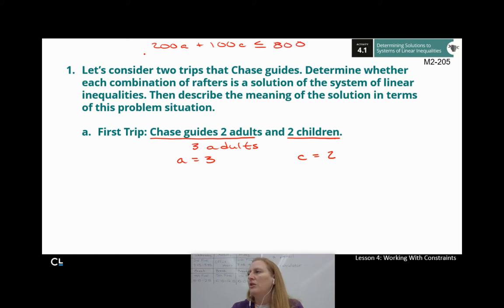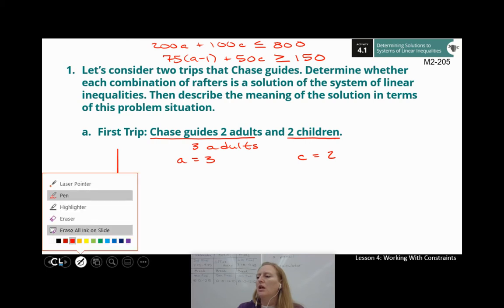I'm just writing it up here so I have it for reference. And then we said, 75 times A minus 1 plus 50C, and we want that to be greater than or equal to 150. So we need these numbers to work for both inequalities.